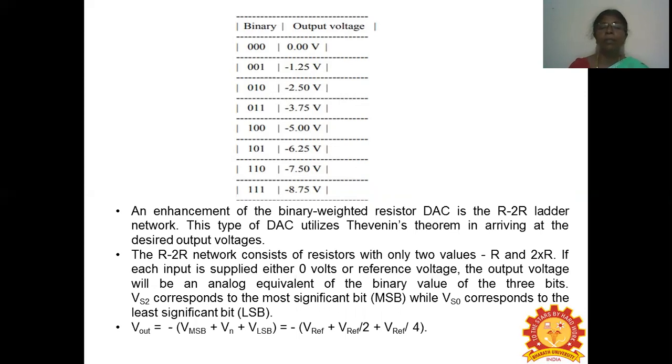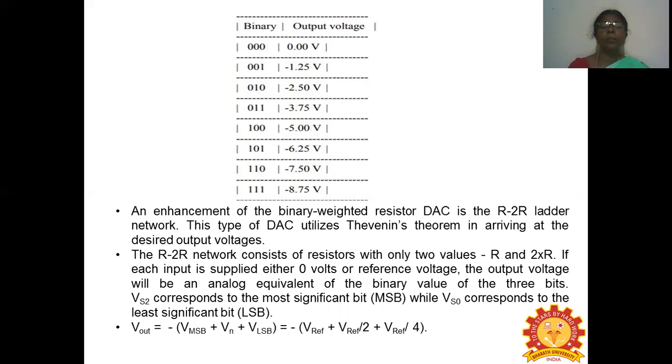So this method's speciality is that it utilizes Thevenin's theorem for getting the desired output voltage. The R to 2R ladder network consists of resistors with only two values, one value R and another value 2R.